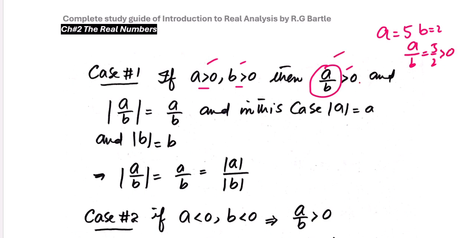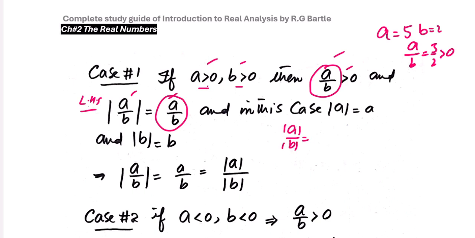As I said above, if a number is positive, then its absolute value is equal to itself. So the absolute value of a over b is simply a over b. So this is my left hand side. What will be the right hand side in this case? My right hand side is the absolute value of a over the absolute value of b.